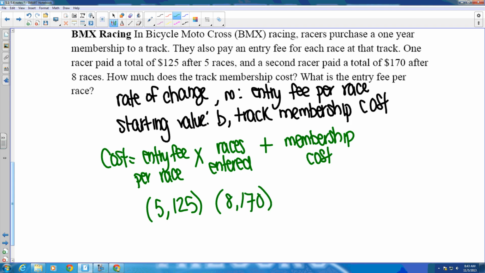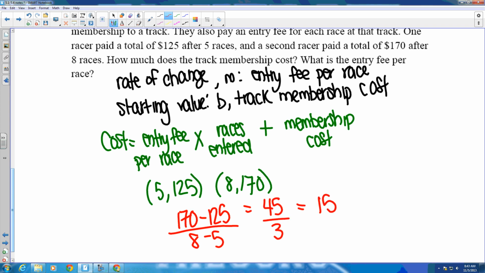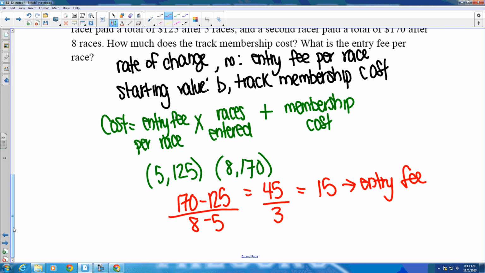So what we can do is find the slope from those 2 points. 170 minus 125 over 8 minus 5, which is 45 over 3, or 15. That's your entry fee. And we're going to use one of those 2 points to figure out what the membership fee is.